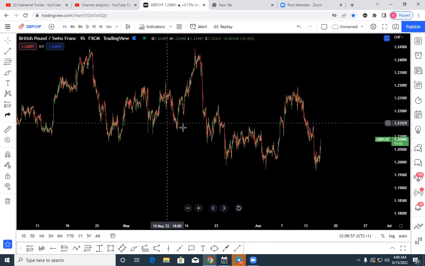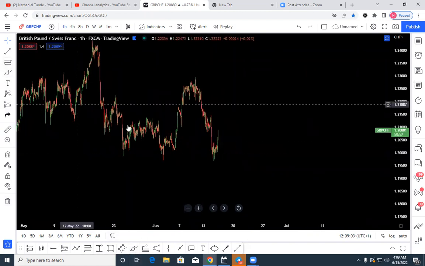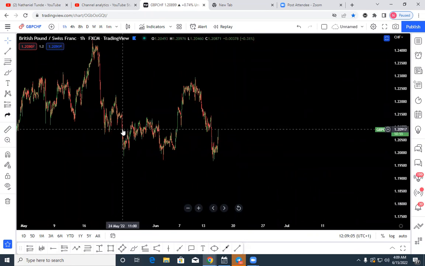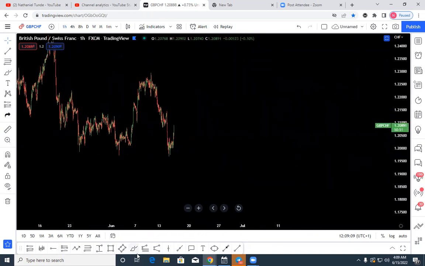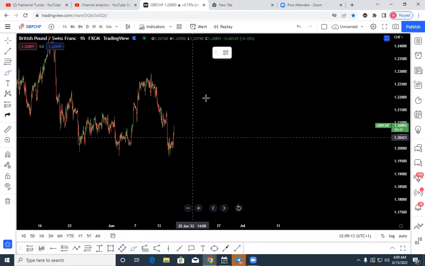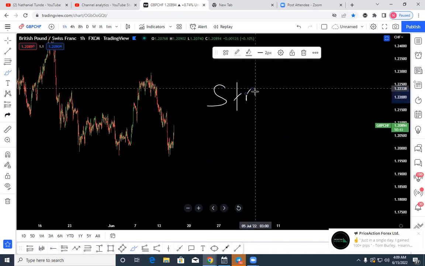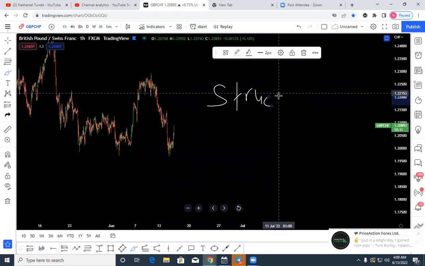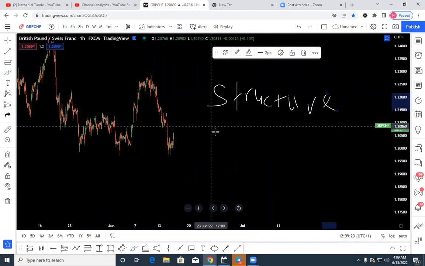So essentially, what we are going to be discussing today is the relevance of structure before entry. Structure before entry. Let me write it. Structure like this. This is structure before entry.